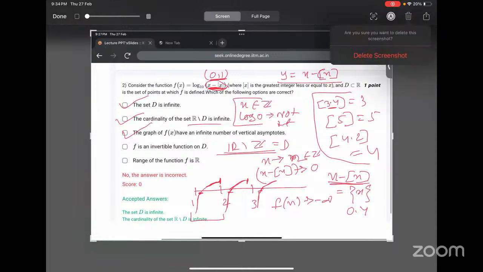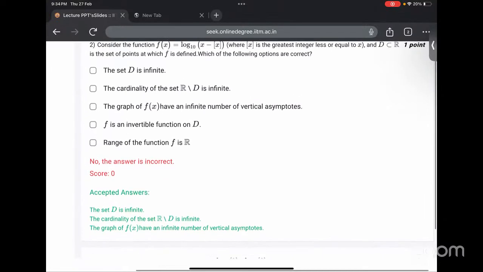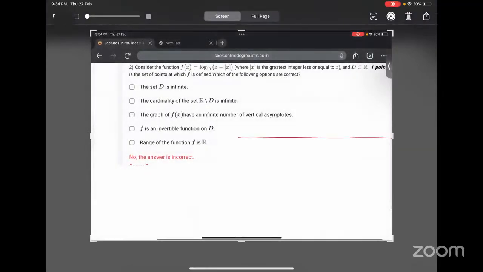No, integers is not the reason; we are excluding the integers from our domain, the domain itself is already adjusted. So, is there any other reason why it will not be invertible? Look at the graph. It is really easy. You can do it.